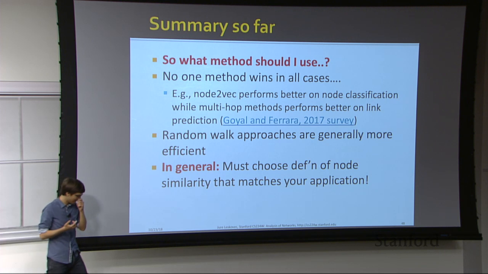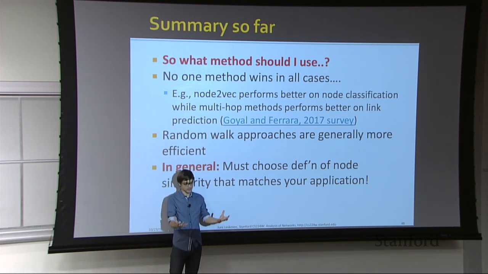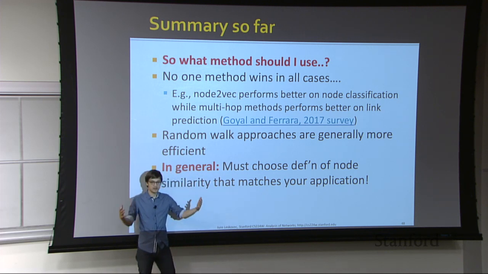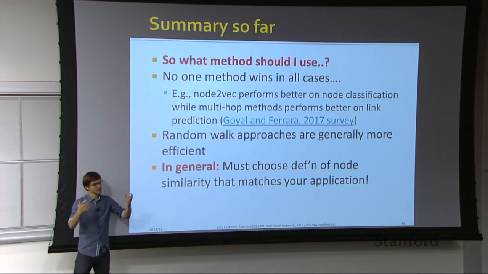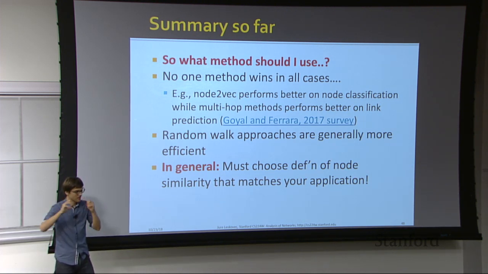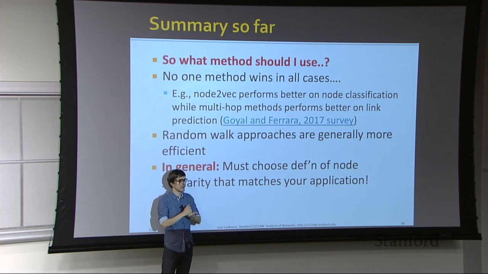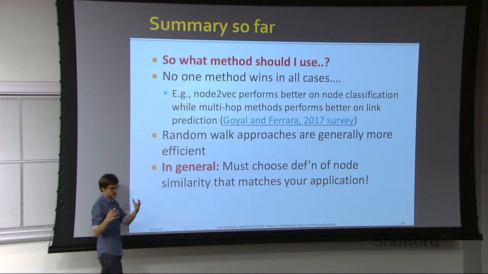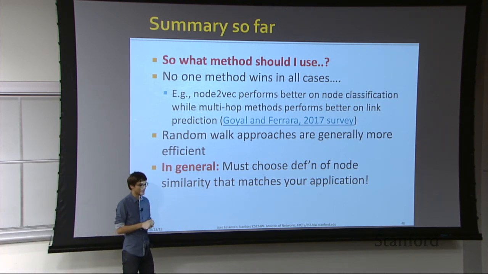For example, when we embed a network, we embed the nodes. If you take text and you embed the text, you embed the words. And you don't care about embedding the words so that you can do really well on one particular task, but you care about embedding the words so that you capture the semantics of the language. And here, the goal is to embed things such that we capture the semantics of the network, right?